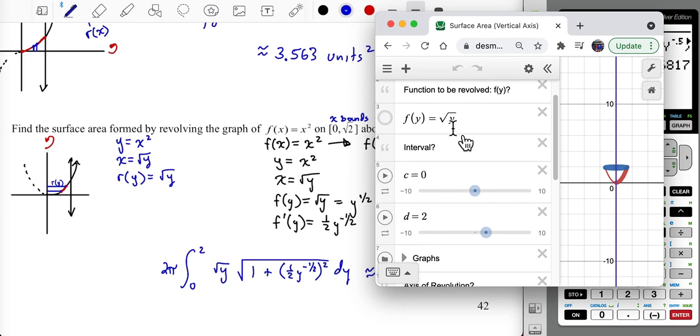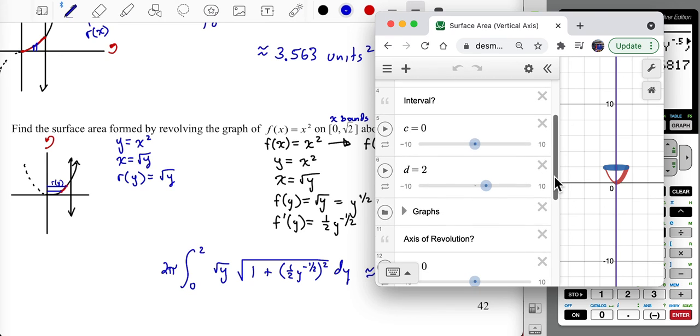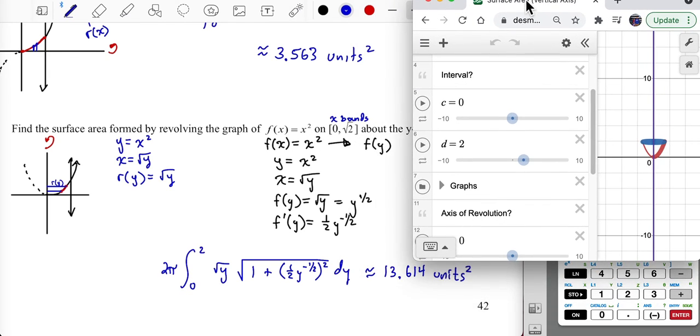So I saved all the particulars for this particular problem. What's the function in terms of y that's going to be revolved? The square root of y, because that's what this is in terms of y. What are the bounds? We had to figure that out, going from 0 to 2.